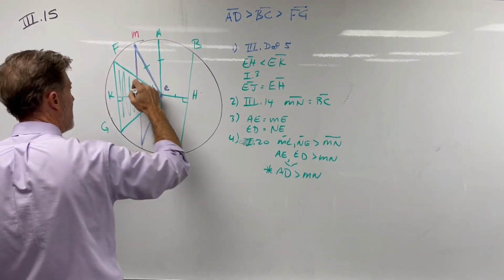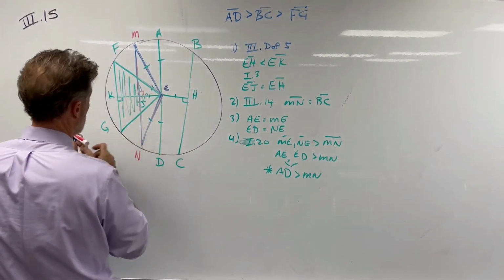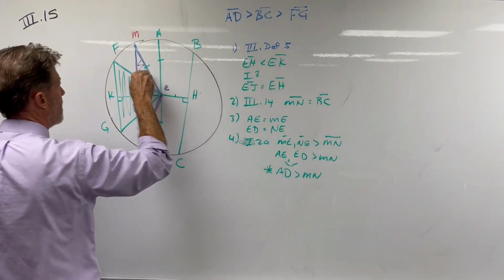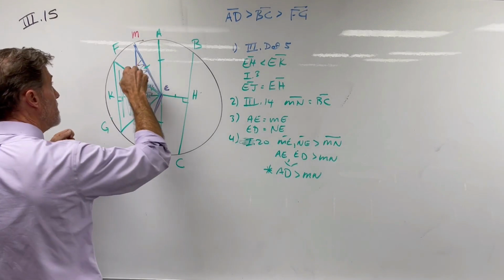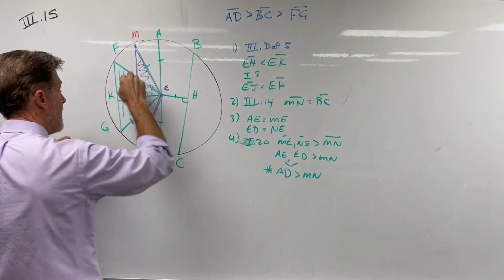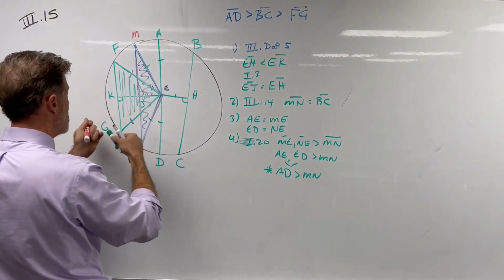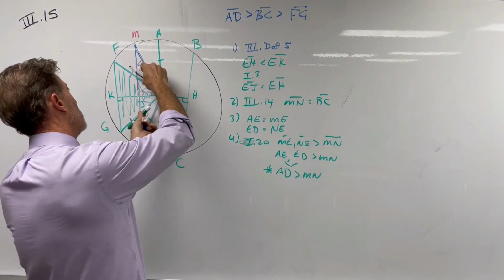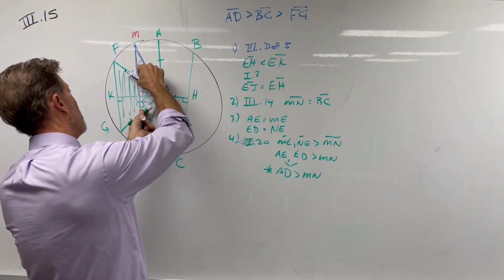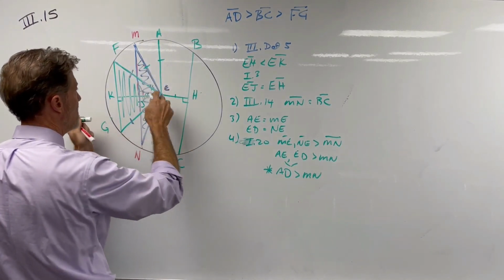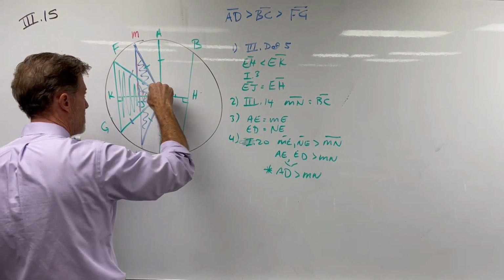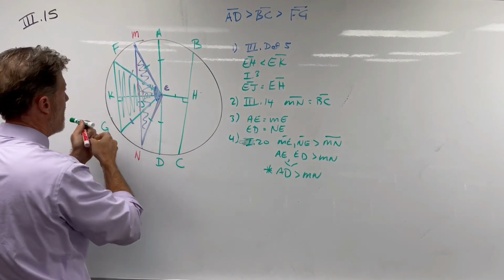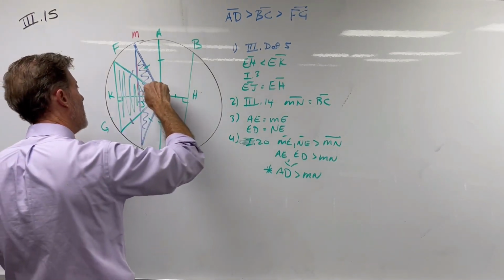So here's our green triangle, and then here is our blue triangle. And what we can see is these also are radii of the same circle. So the two legs on the blue triangle are equal to the two legs on the green triangle. And the only difference is that the blue triangle has this larger angle compared to the angle here in green.